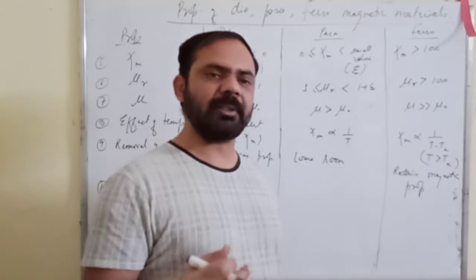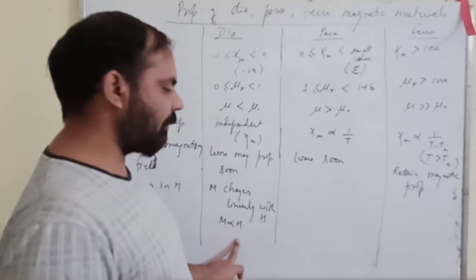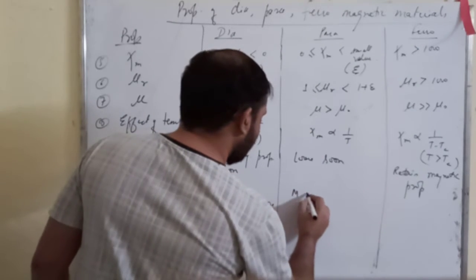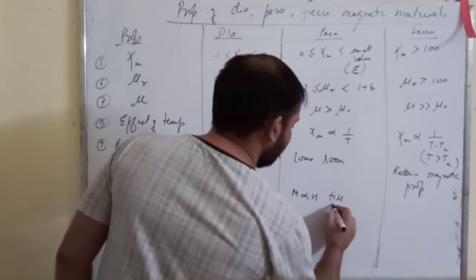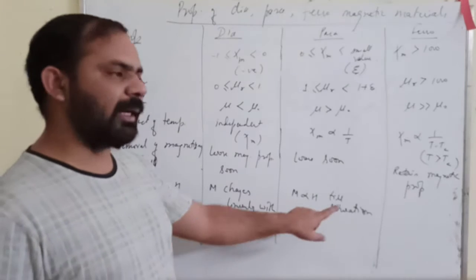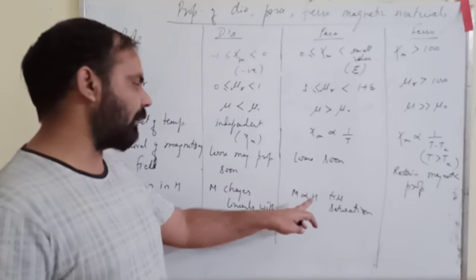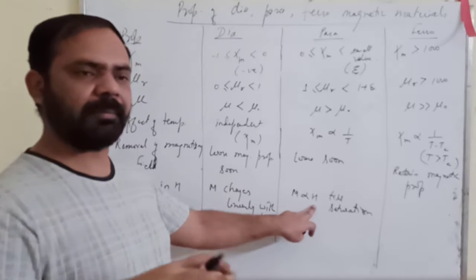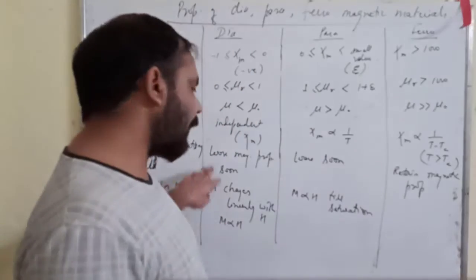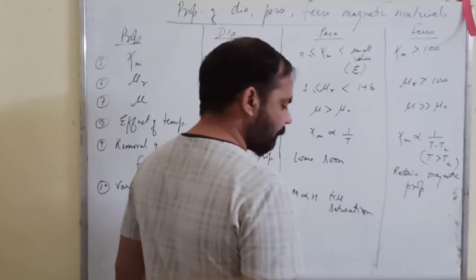M is the intensity of magnetization, and it will also change if you change the value of H. Here M is proportional to H till saturation. We discussed a graph on this. After that, whatever increase you make in the value of H does not increase the value of M. So till saturation, M is proportional to H. Here M is linearly proportional to H throughout.